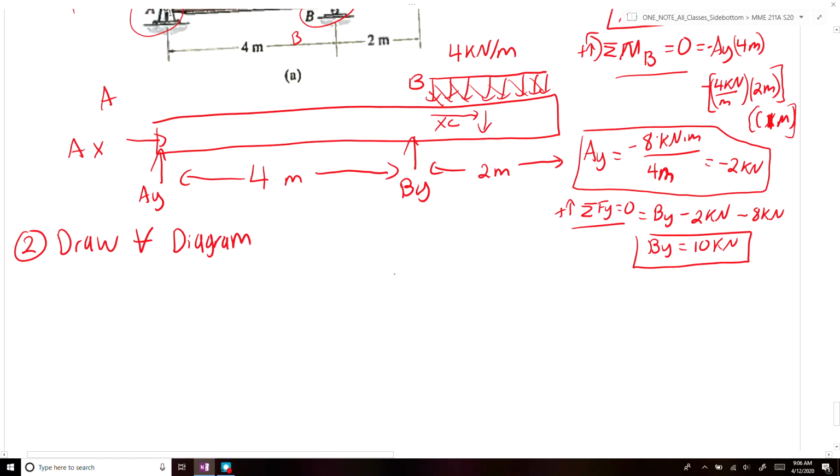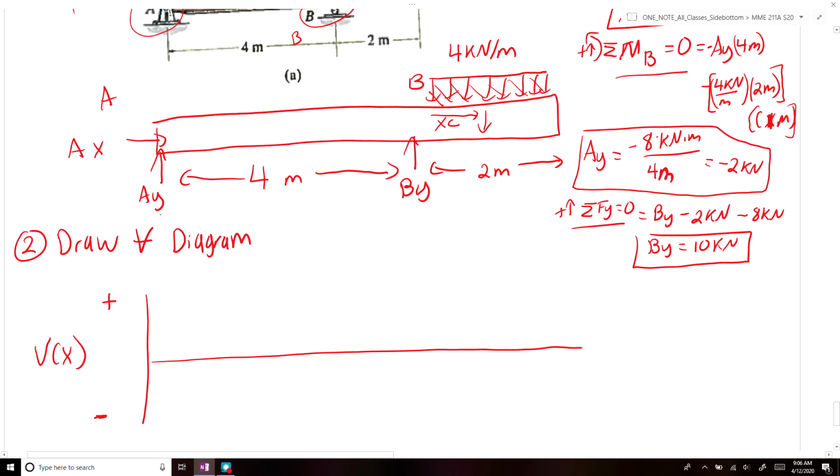Alright, so positive forces will be on the top, negative forces will be on the bottom. So we know that for concentrated loads, the change in V will just be equal to the concentrated force.